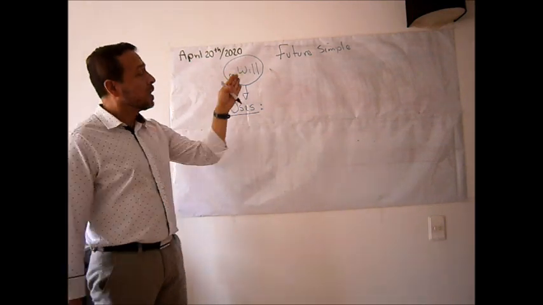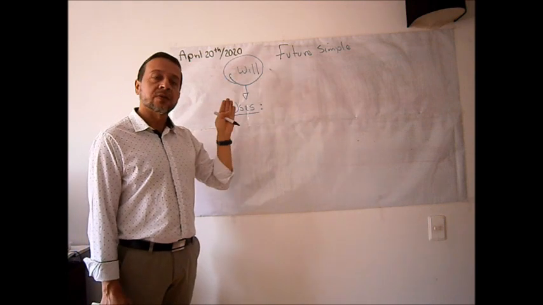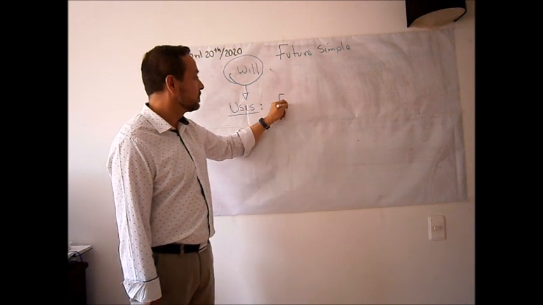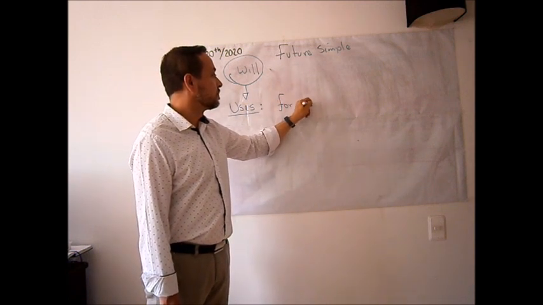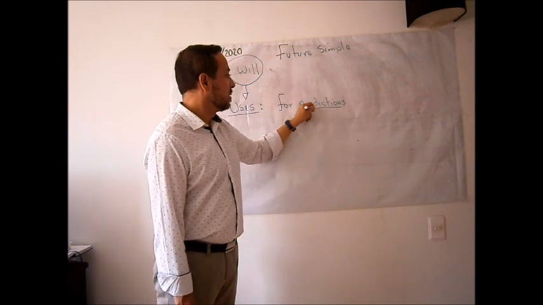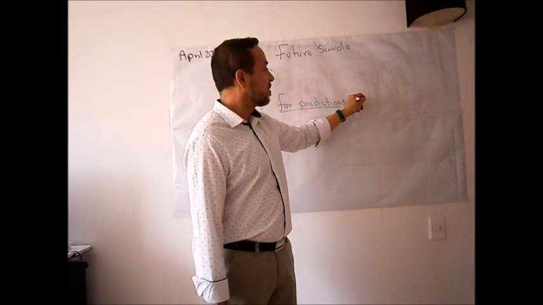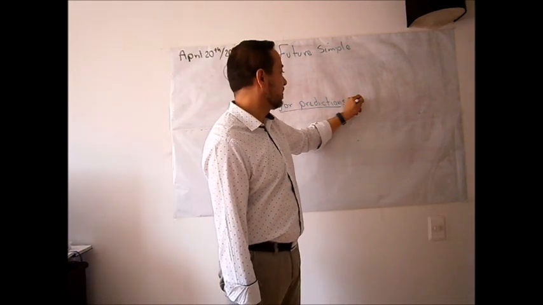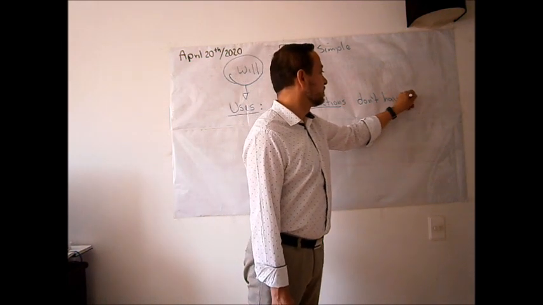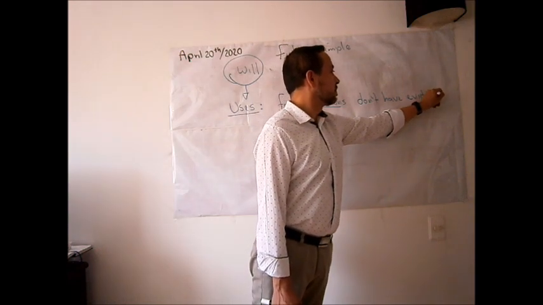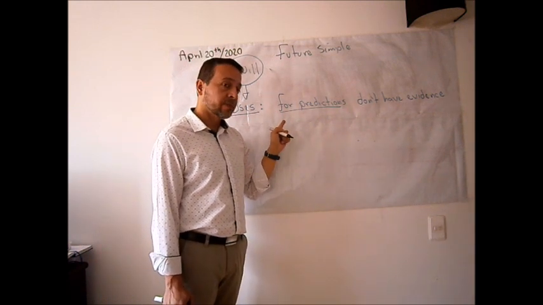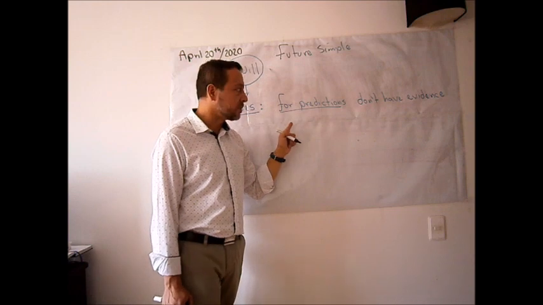When we do sentences using the auxiliary verb will, we do sentences for predictions, when these predictions don't have evidence, okay? Take that into account.